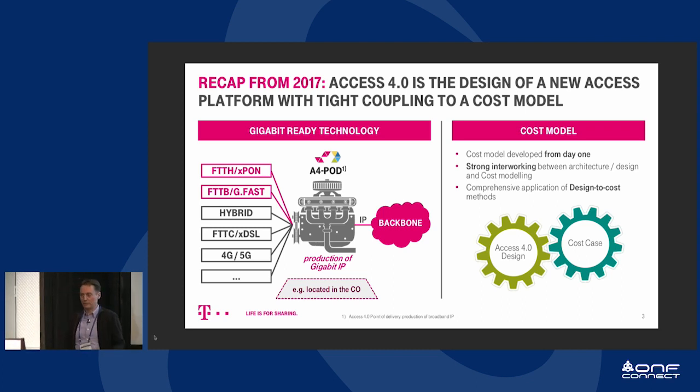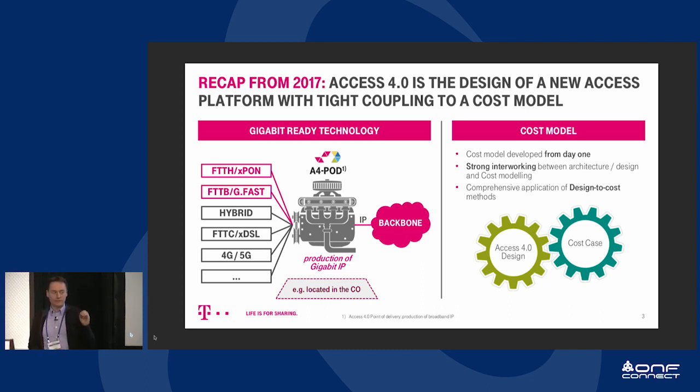So Germany is not a big country and it's densely populated, so there will be, in every place in Germany nearby, one of these PODs, point of delivery, where we put these mini data centers, and the idea is that we'll collect different types of access technologies and provide access to the IP network, mainly internet access, but also VPN access or whatever's gonna come with regards to overlays or sliced network. But the focus of our program is to deliver high-speed internet access over FTTH or FTTB, in our case, GPON.